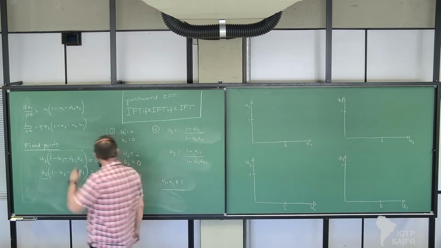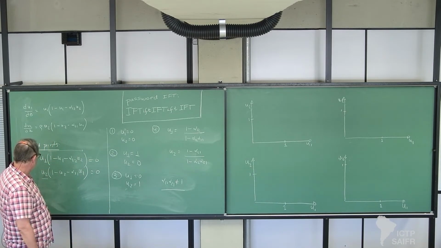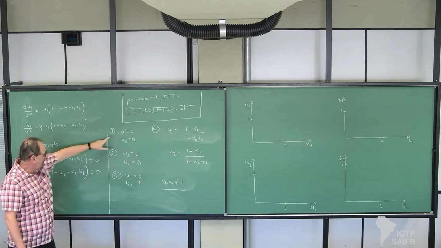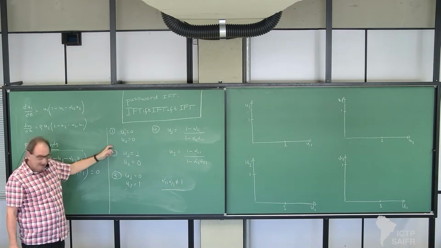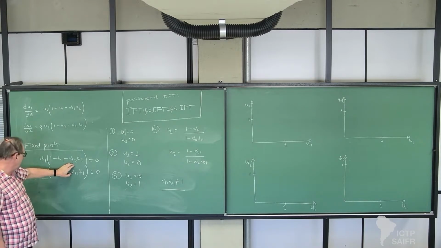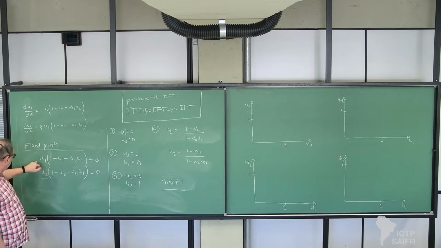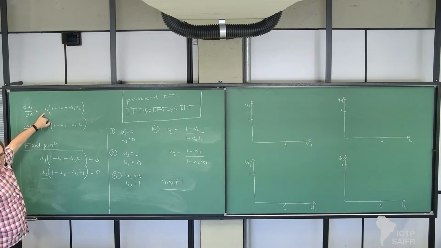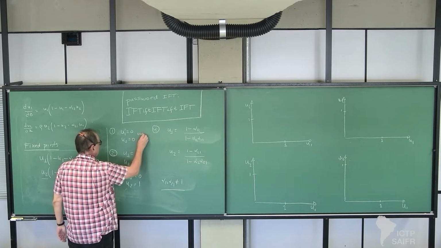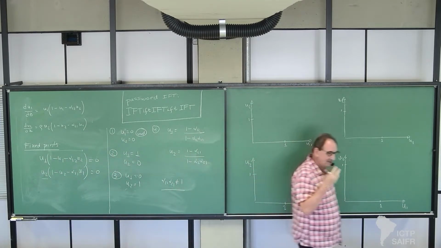Now clearly this one is unstable, okay? Because if populations are very small, then this term u1 and this term u2, both of them are small with respect to 1. Therefore, that will give you here a positive growth rate, okay? So this one is always unstable, as it was with the other models, like the logistic.